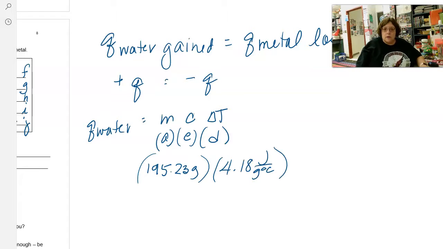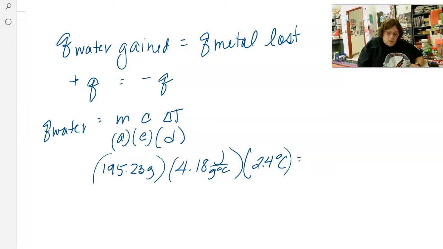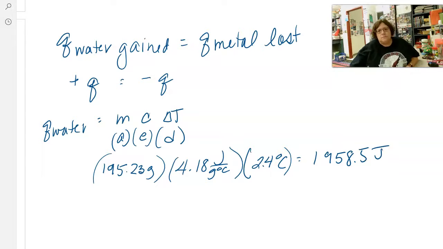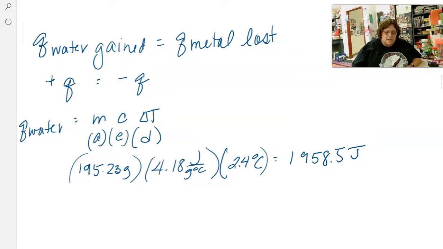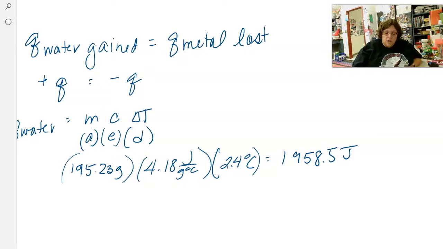That's joules per grams degrees times degrees Celsius, because it's the energy it takes to change 1 gram 1 degree Celsius. And then our temperature change we're going to use is 2.4. Now those aren't going to match your numbers. You're going to have to look at your data table to get that information. And if we do the math for that, we come up with 1958.5 joules. That is equal to the energy that the metal lost.